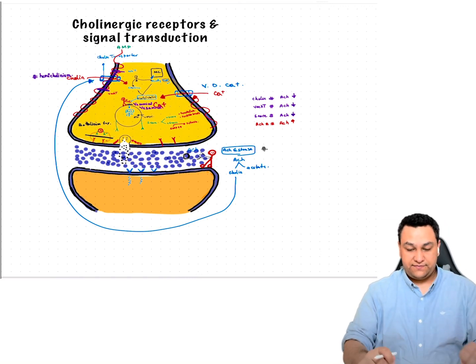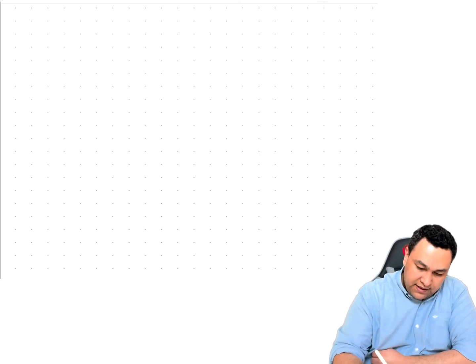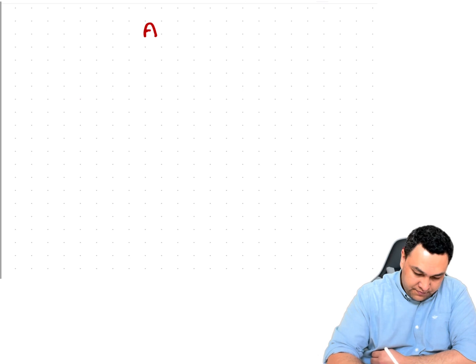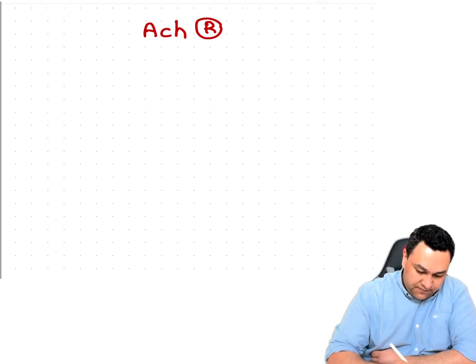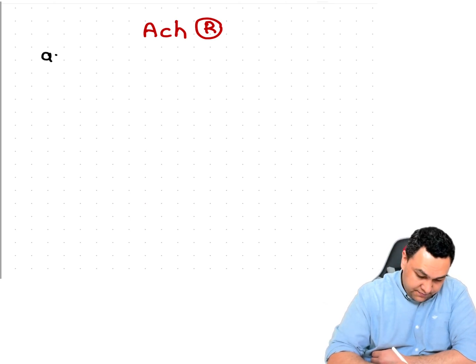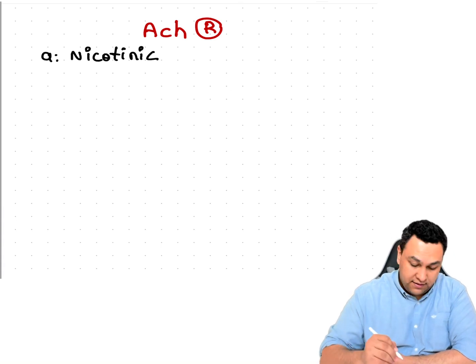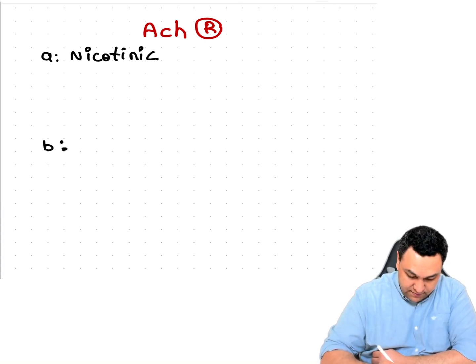So let's move on. The acetylcholine receptors can primarily be divided into two main categories, and those are nicotinic receptors and muscarinic receptors.